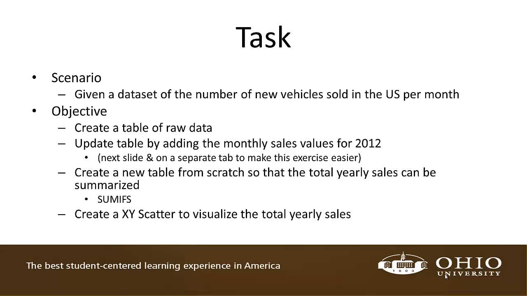However, once we do that, we're going to create a little summary of the data in another table to demonstrate the power of what I'm suggesting, that it automatically resizes the formulas, if you will, and or charts. So we're going to end up creating a table to calculate the total sales volume per year using some ifs, and then we will create an XY scatter to visualize the new values on our second table.